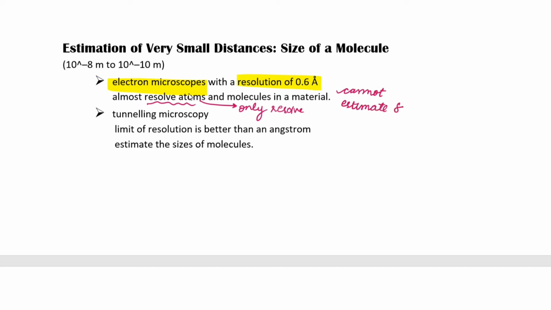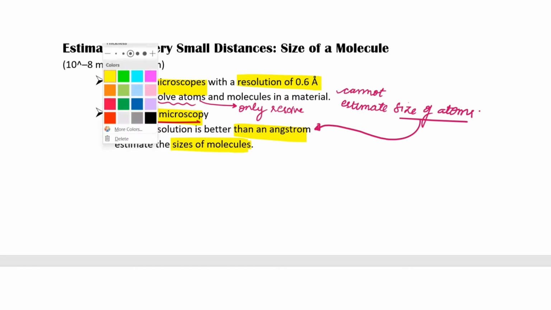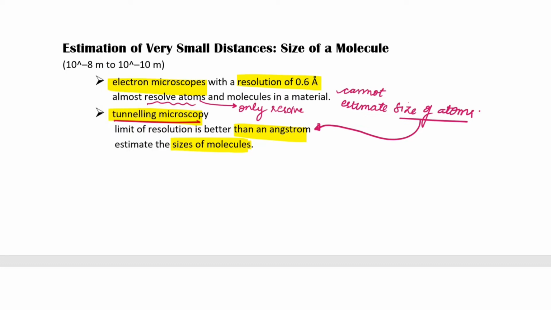Next we have the tunneling microscope, which has a better limit of resolution, better than an angstrom. So it can estimate the size of molecules. The electron microscope can only resolve the atoms and molecules but cannot estimate the size, but the tunneling microscope has a better resolution, hence it is able to estimate the size of the molecules.